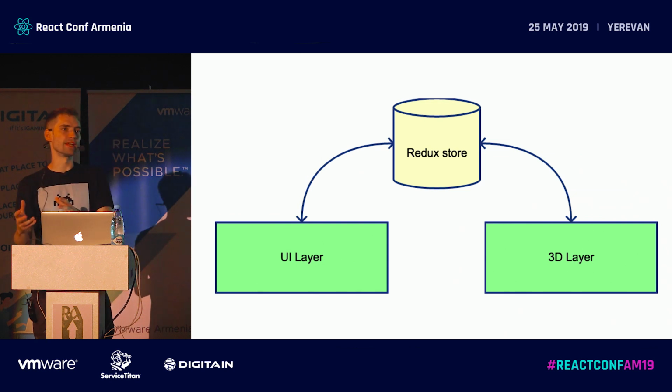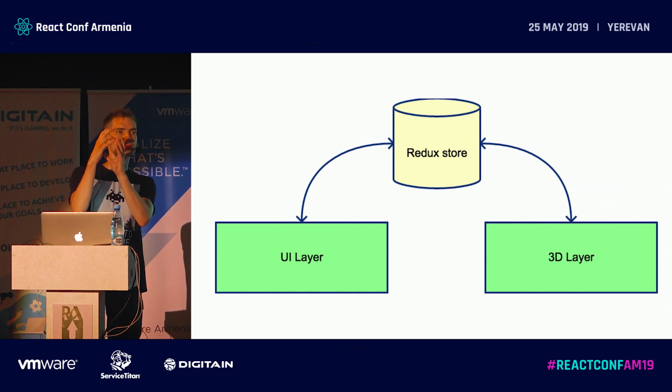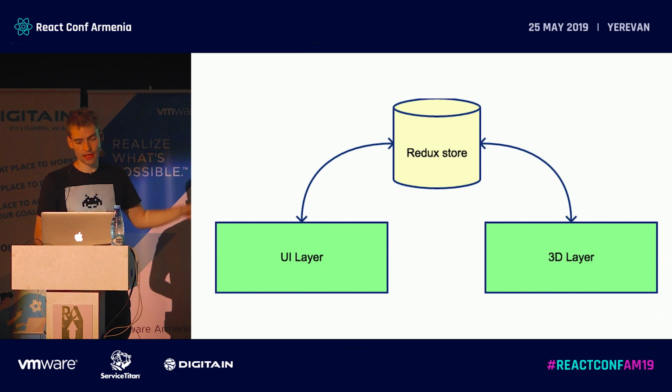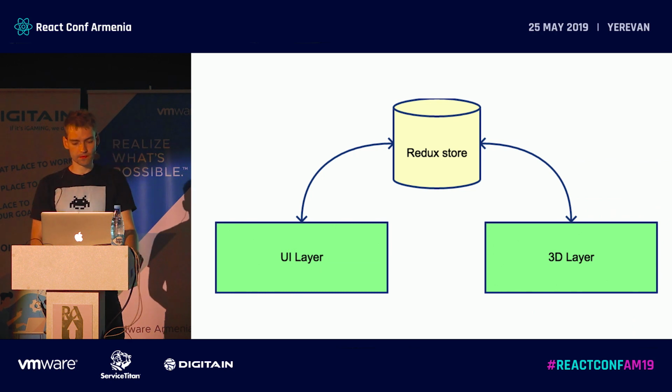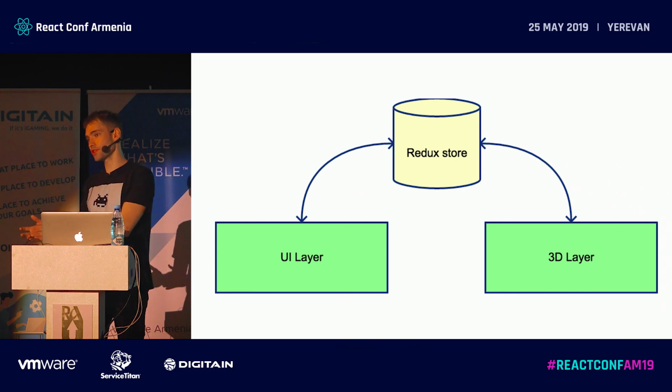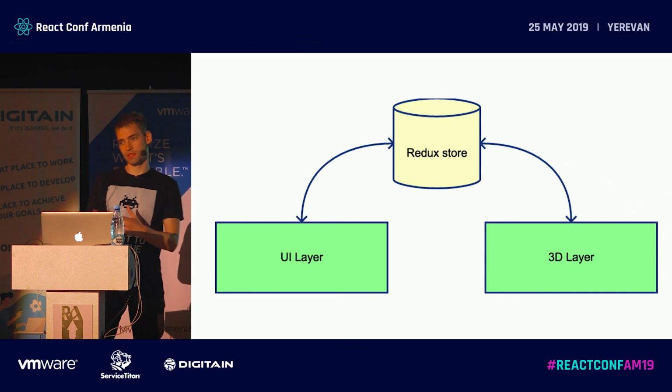It lives separately and is connected to Redux, exactly as you see in the picture. Once the 3D component's selector detects a change, it can react with imperative code: something changed, you start an animation with normal code.